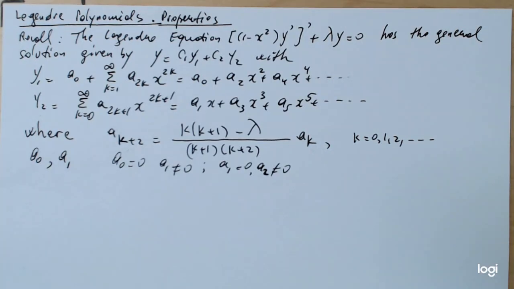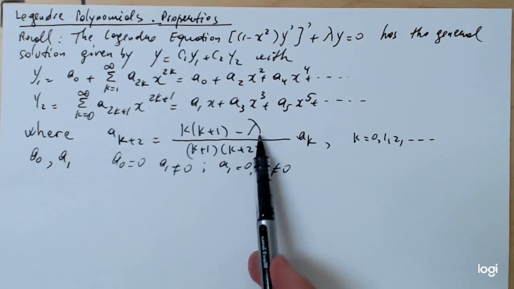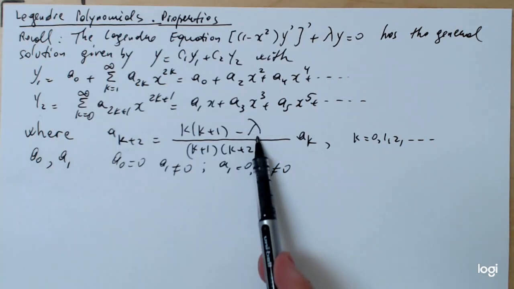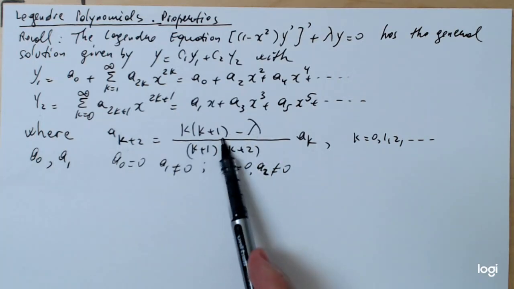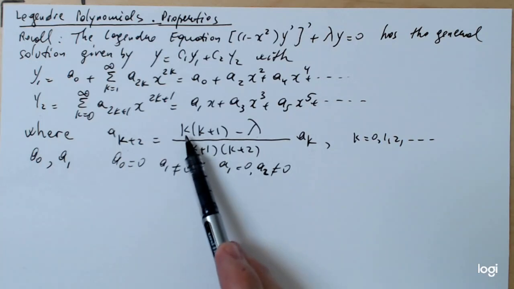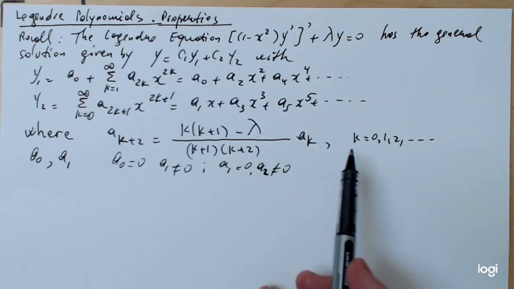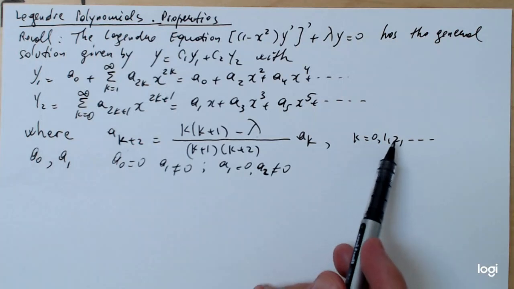For now, let's just notice that if lambda, this constant here, is of this form, so it's equal to the product of two consecutive natural numbers, then this recursion is guaranteed to stop. So, for example, notice that k starts from 0, 1, 2, and so on.